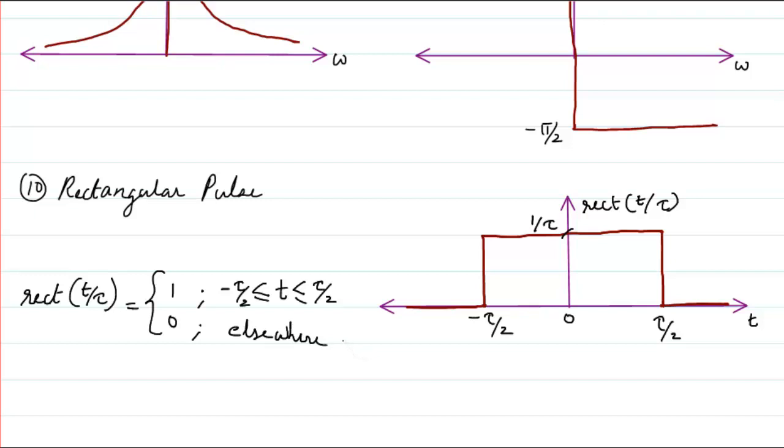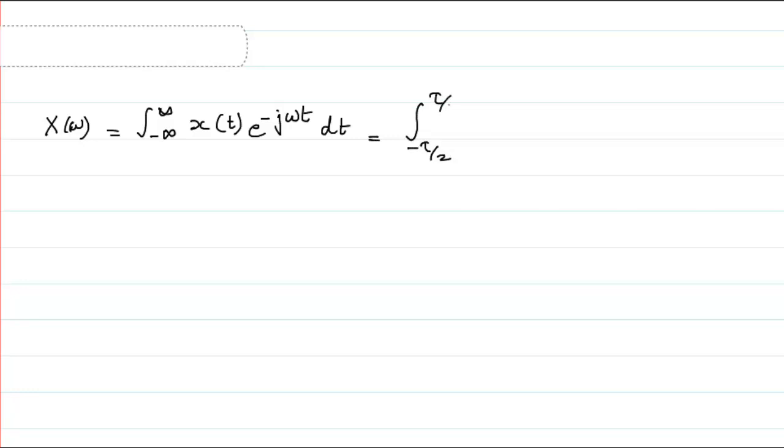Now for this, let us find the Fourier transform. We already know the equation of the Fourier transform: X of omega is equal to the integral from minus infinity to infinity of x of t e raised to power minus j omega t dt, where x of t is equal to 1 within the limit minus tau by 2 to tau by 2.